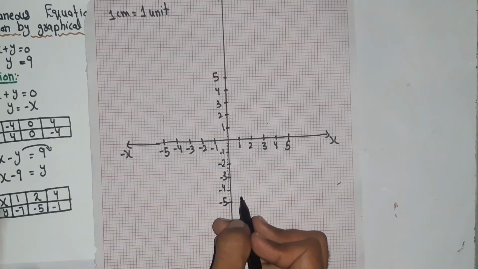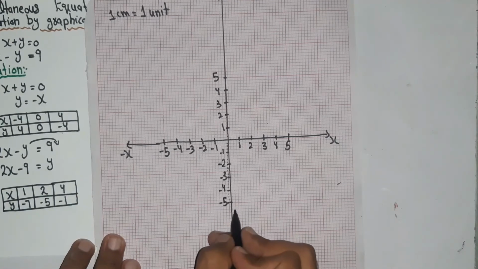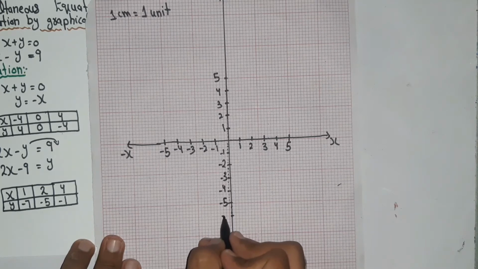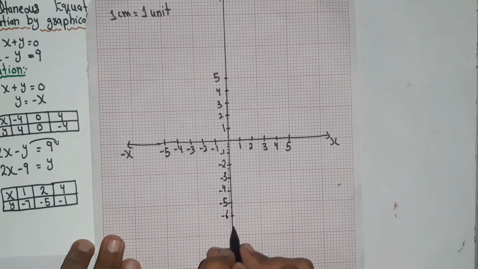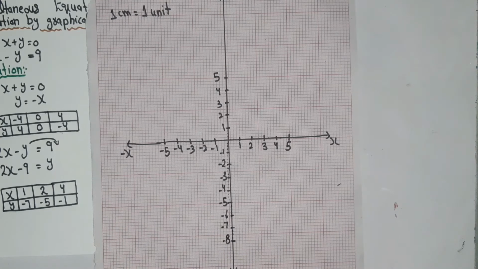Because we have negative values of y till minus 7, we have to draw more values of y. 1 2 3 4, minus 6, and then minus 7, then minus 8. So now we have to draw their coordinates very carefully.